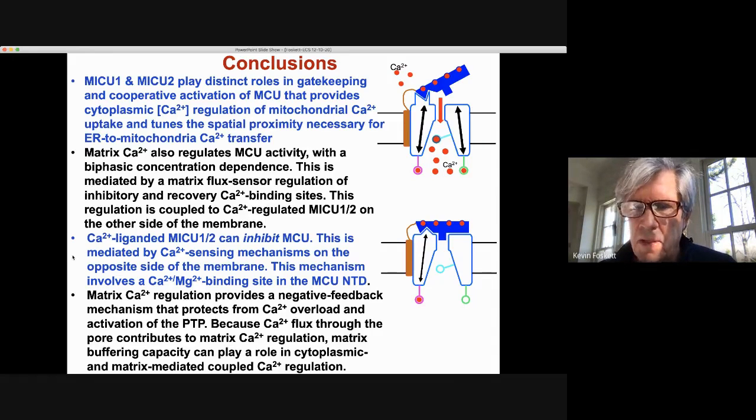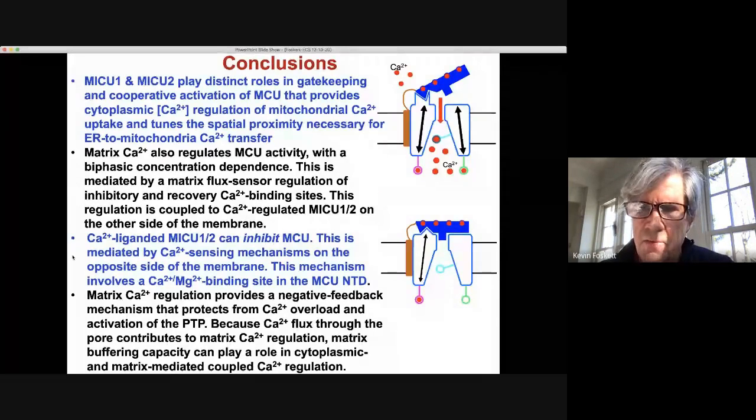dominant mechanism, and that's why MICU1 homodimers can work, because MICU1, but not MICU2, can associate with the intermembrane space aspect of the channel.